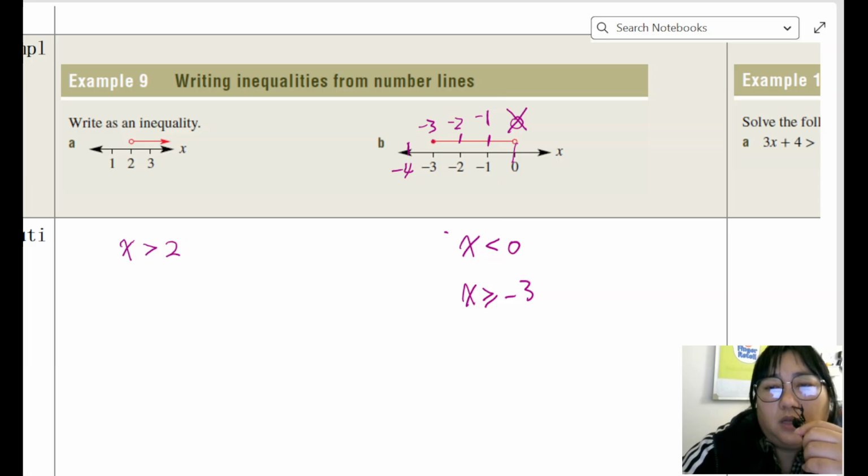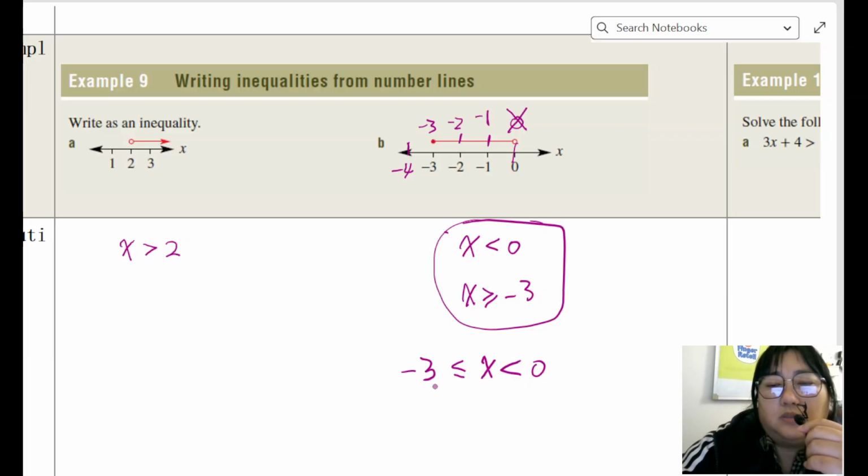-3. Now if I combine these two together, I can write down a combination of these inequalities. This is read as x is greater than or equal to -3 and less than 0. Remember the highlight we made: when you have the left hand side and right hand side, if they interchange or swap, then the symbol will be reversed.